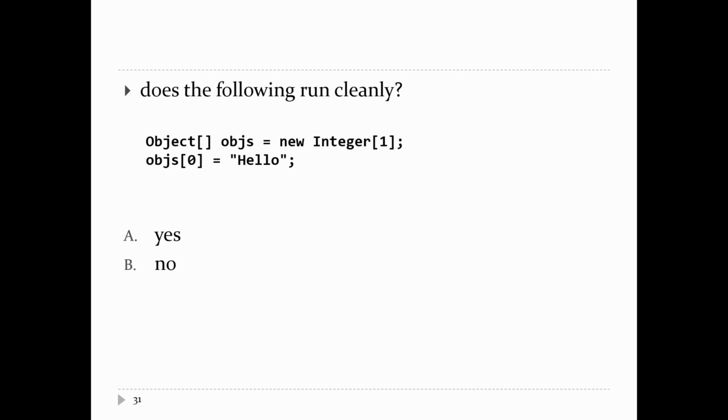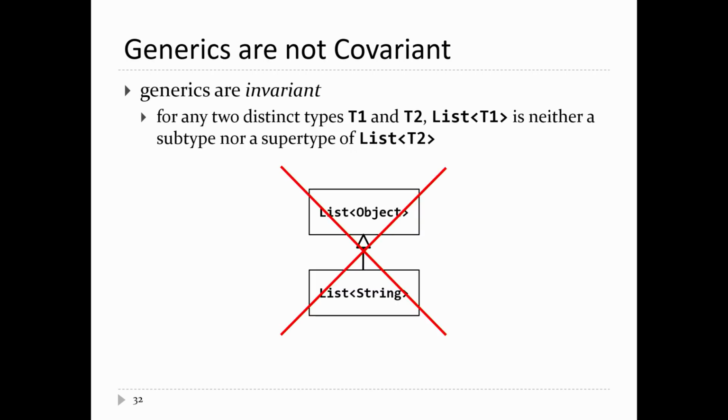So this compiles, your program builds no problem. When you go to run your program and you hit this line of code, suddenly you get an exception. Now the Java virtual machine realizes, hey, you're trying to store a String in an Integer, and that doesn't work. And so this blows up on you right away. So generics in Java are not covariant. So they are invariant.